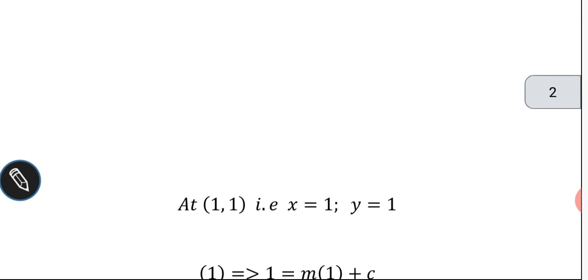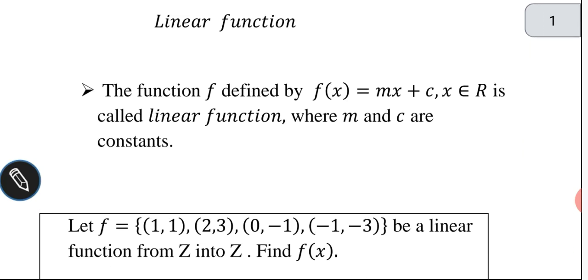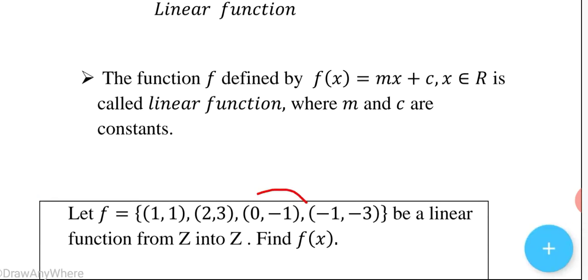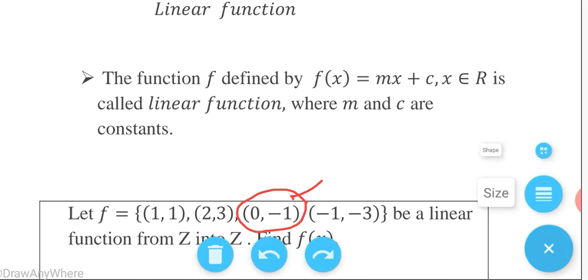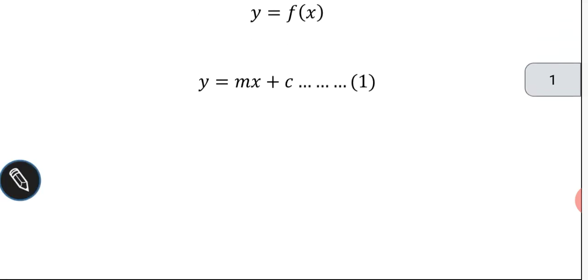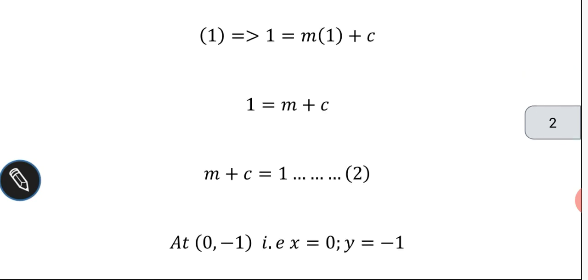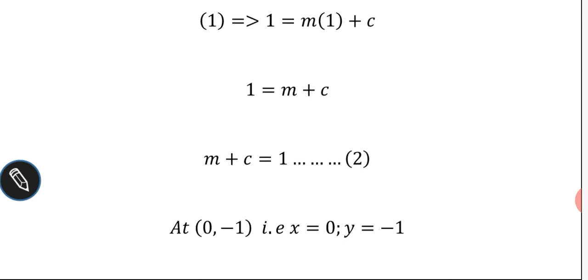Then take another point from the given data, (0, -1). You can take any point, but for easy calculation I have chosen (0, -1). At this point x equal to 0, y equal to minus 1.